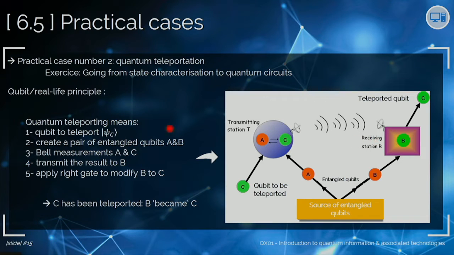The first one is to start with your teleporting qubit, so this is psi C. Then you need, as I said, to create a pair of entangled qubits, A and B, that have nothing to do with C to start with.